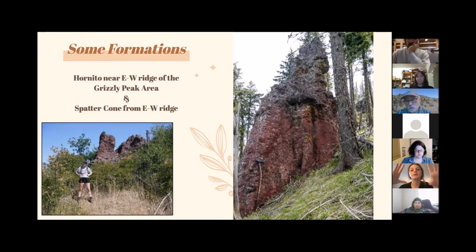So you have the lava peeking up through the ground, and it just erupts into a little tiny volcano. And this is also red from oxidation, I believe. And then we have a hornito, which is a very similar type of structure as a spatter cone, but they're usually smaller. And this was actually on the other peak, on the other side of the ridge.